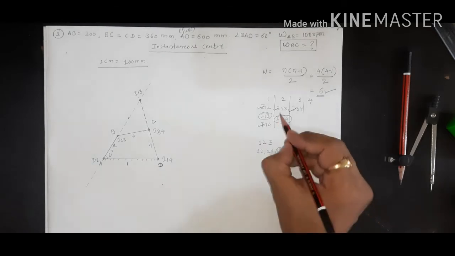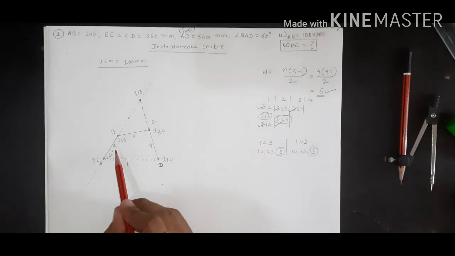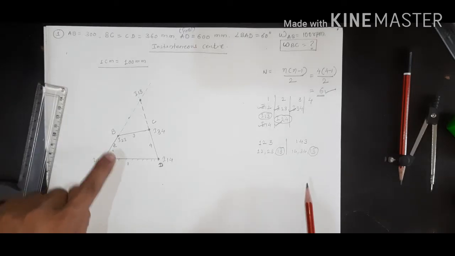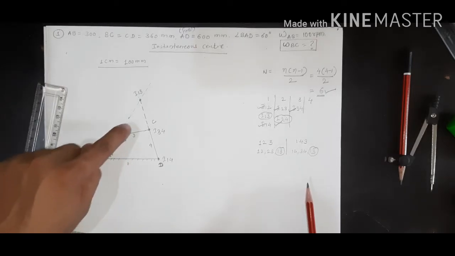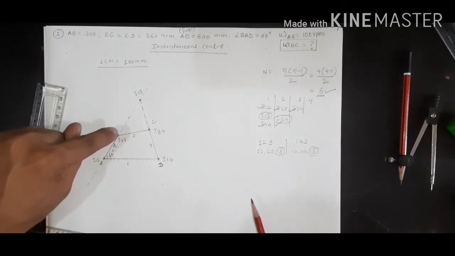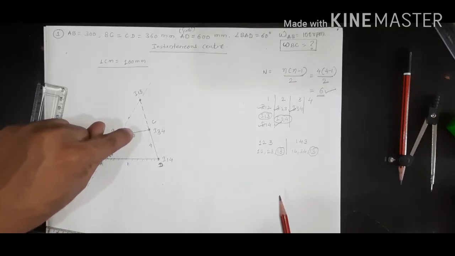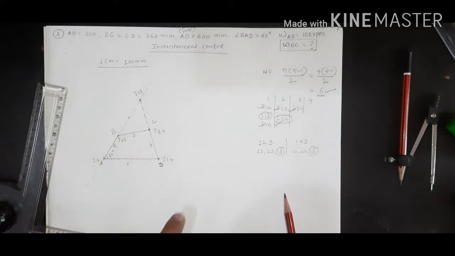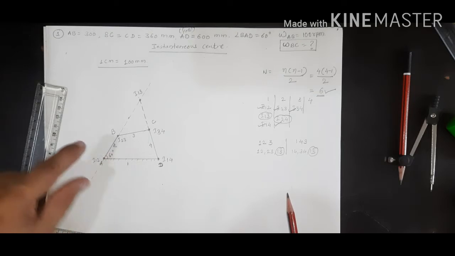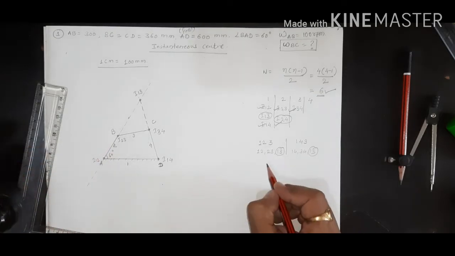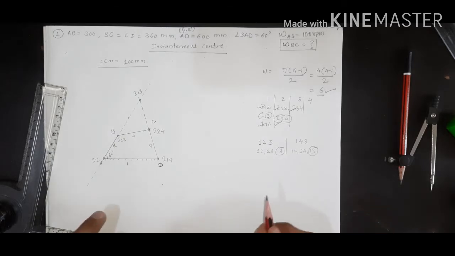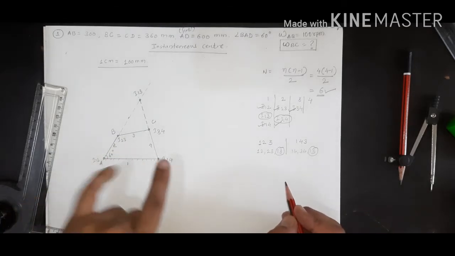Same way now, I24. Let us check 2 and 4. Link 2 is connected with 1 and 3, and link 4 is connected with them as well.